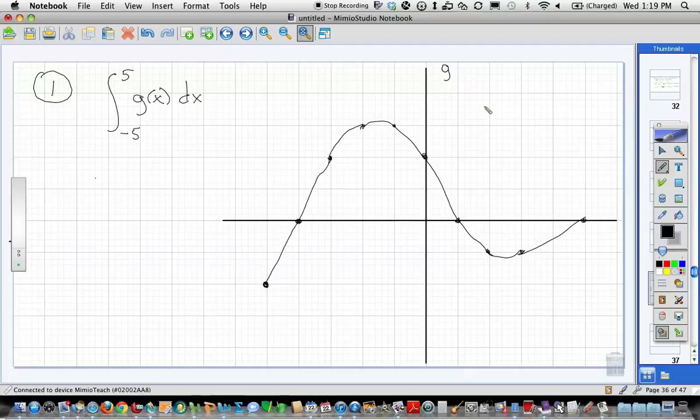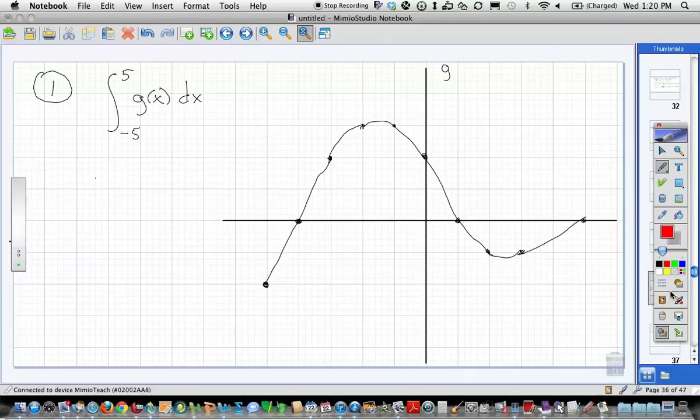So this is the g graph here. And number 1, notice there's a part A and a part B. Part A is to write out the sum, and part B is to draw it. Now, I'll be honest, I like to draw it first, and then do the estimate. So let's go ahead and do that.